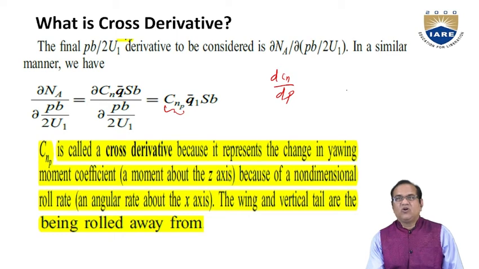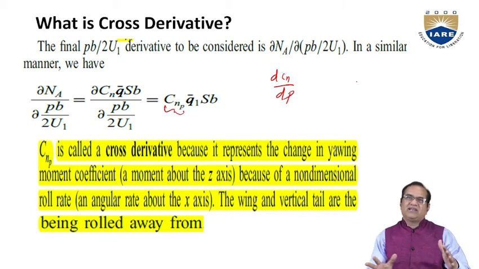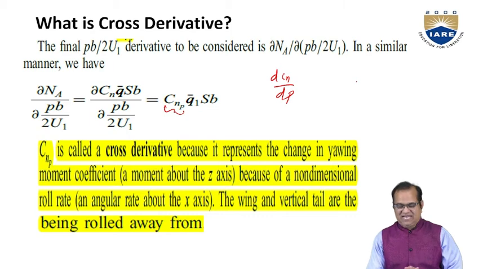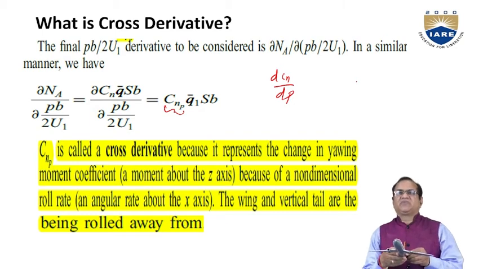If you roll, yaw will be there. It is called cross because both are coupled, with the wing and vertical tail being rolled. So I am explaining here again: what do you mean by a cross derivative?